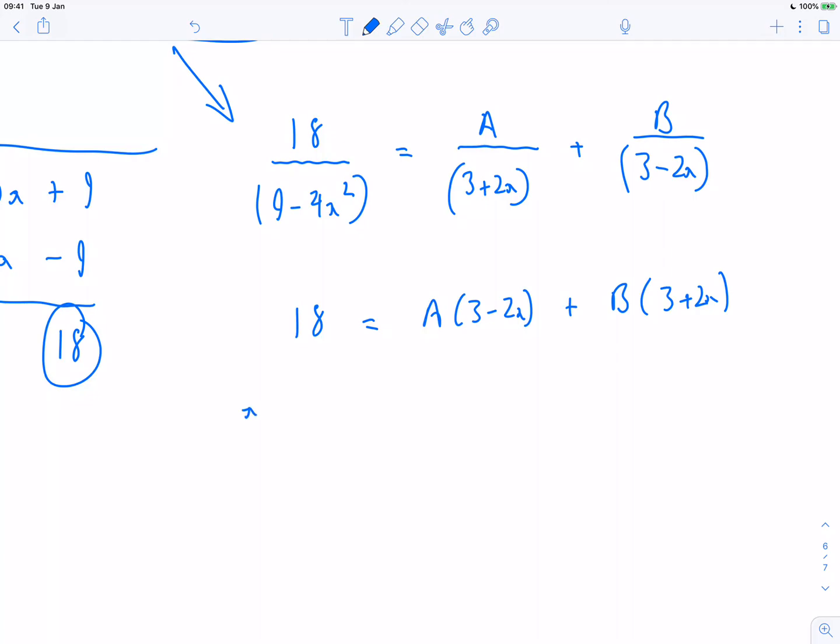If I let x equal positive 3 over 2, then the A cancels. So then I'll have 6B equals 18, which means B equals 3. And if I let x equal negative 3 over 2, so that the B disappears, I'll have the same deal of 6A equals 18, because minus 2 times minus 3 over 2 is plus 3, and 3 plus 3 is 6. 6A is 18, so A equals 3.